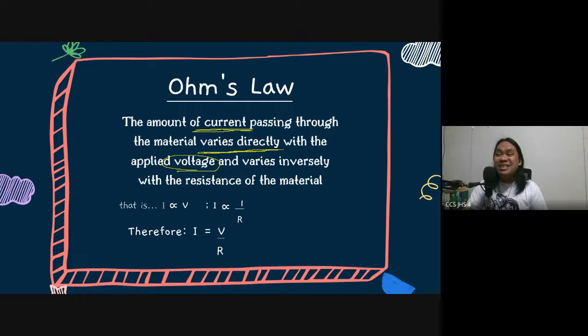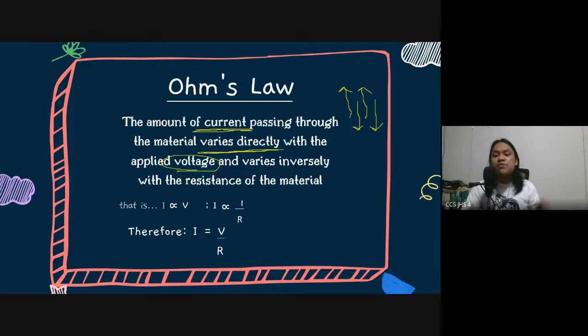According to Ohm's law, the relationship of current and voltage with each other is directly proportional. This only means that when current goes up, voltage goes up as well. If the amount of current goes down, the amount of voltage also goes down.